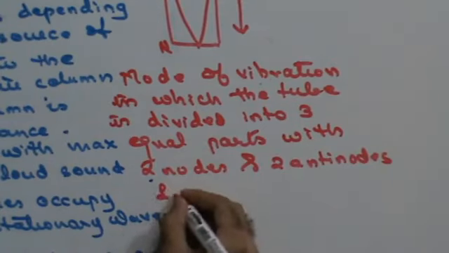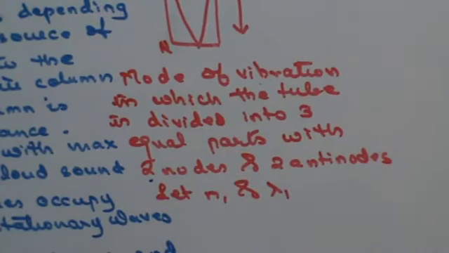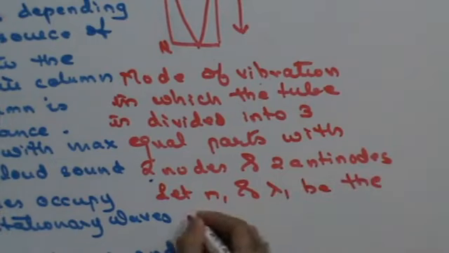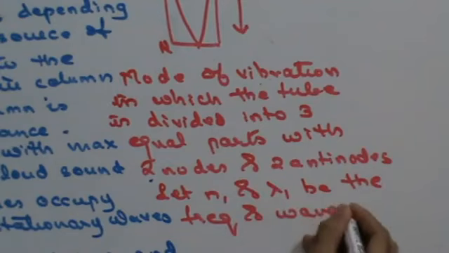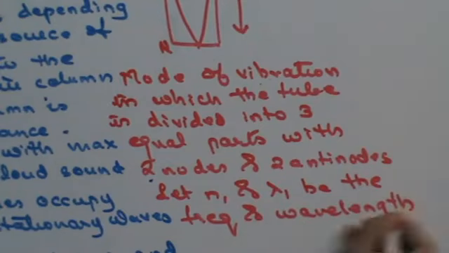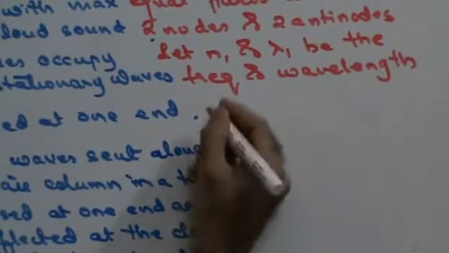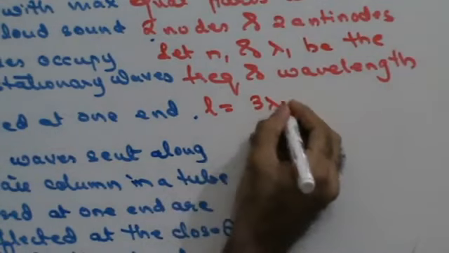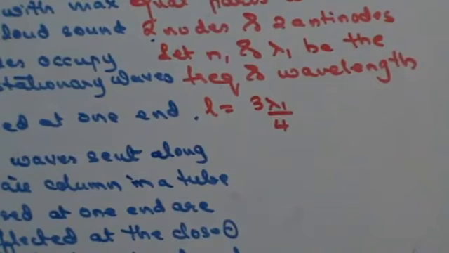Let's assume that n1 and lambda 1 are the frequency and wavelength. Then the entire length of the tube is divided into 3 lambda 1 by 4. We already said it is divided into 3 parts.